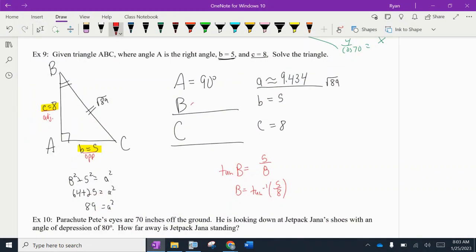That's 32.005. So we've got that. And there's multiple ways we could finish this. I want to keep my answers as precise as possible. Once you have angle B in your calculator, what could you do with that to figure out angle C?